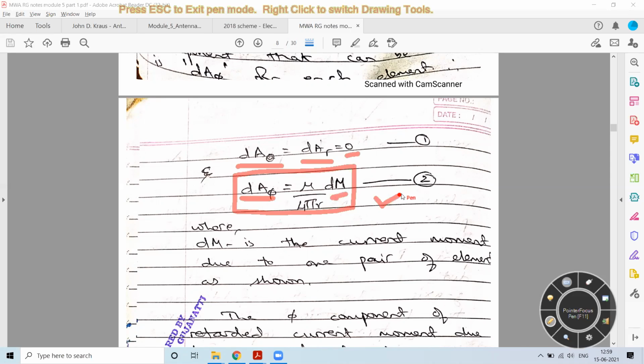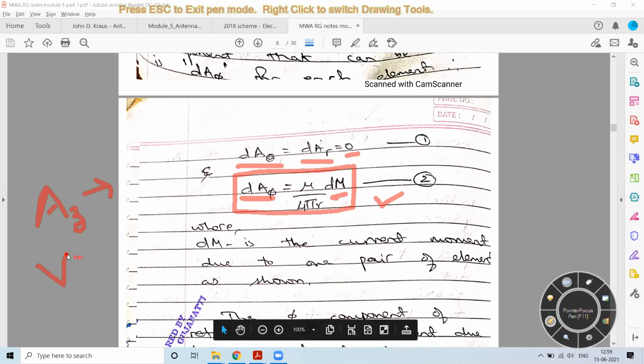So this equation is again derived from the previous discussions, wherein we observed that starting with Az we obtain the retarded potential, then we obtain the scalar retarded potential, and then using these two we obtained electric and magnetic fields.